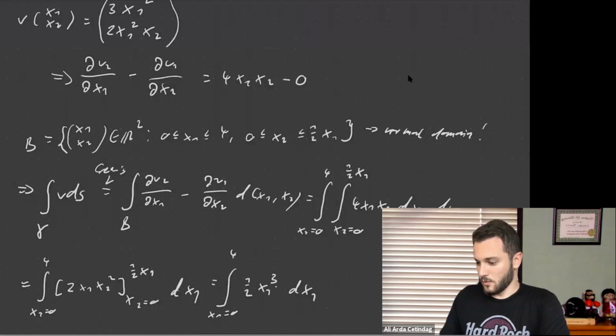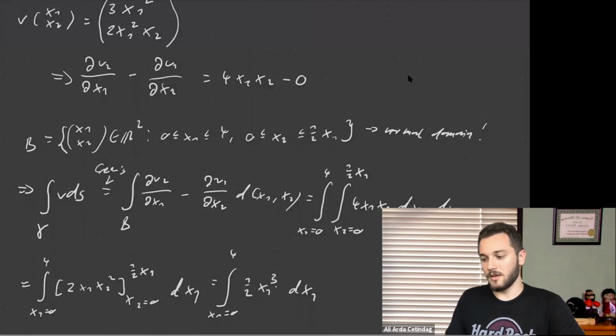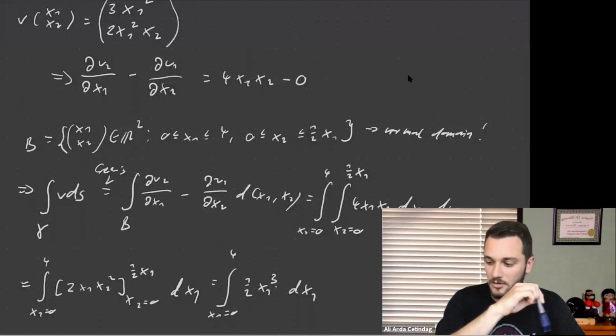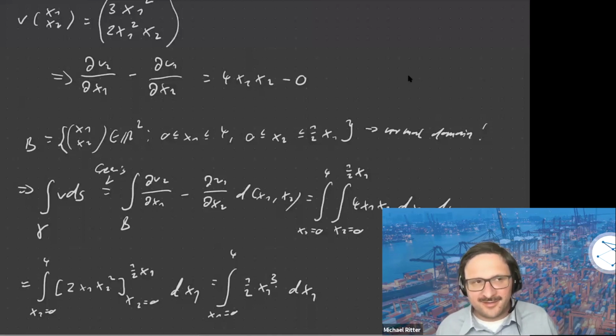One more question is whether, if we integrate a vector field over a closed curve, like a full circle, the result depends on the starting or end point, or is the same for every starting and end point because the curve is simply a circle? That depends.